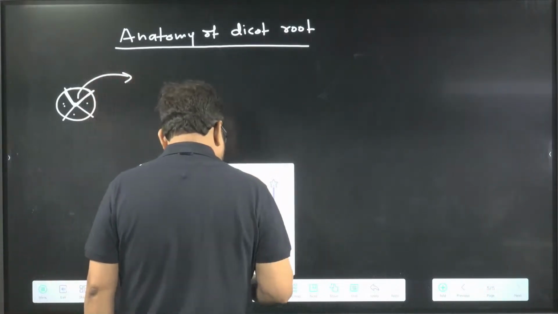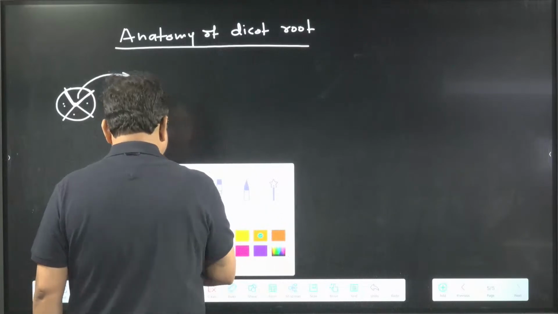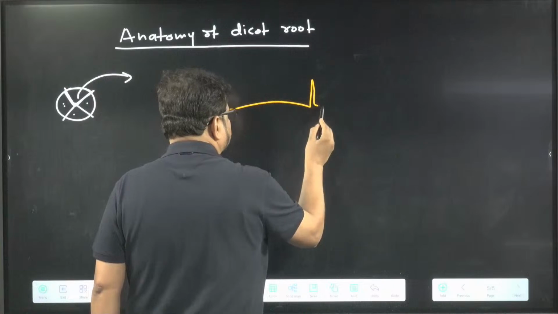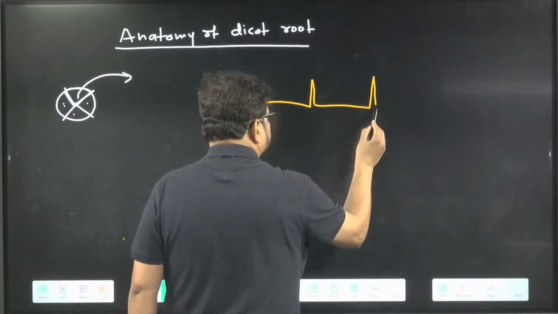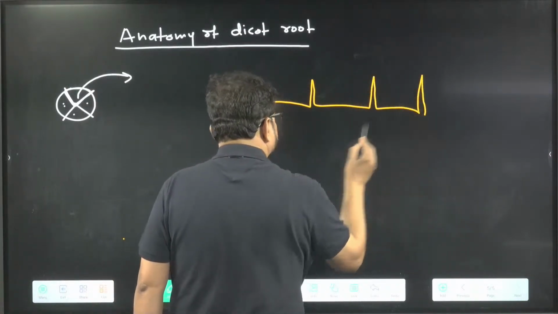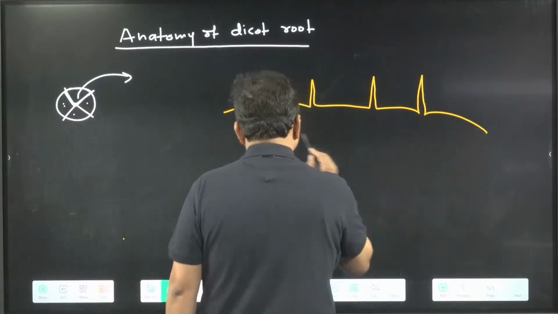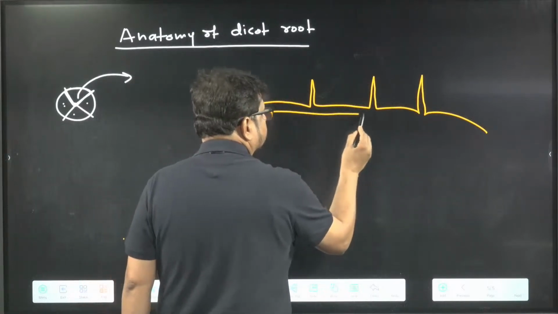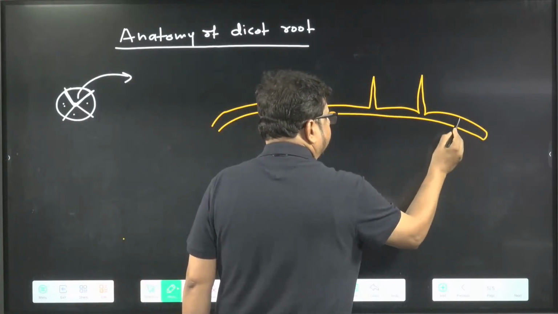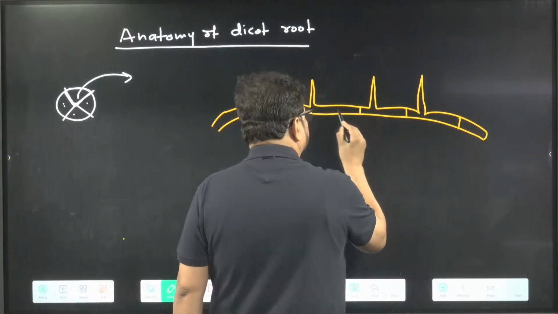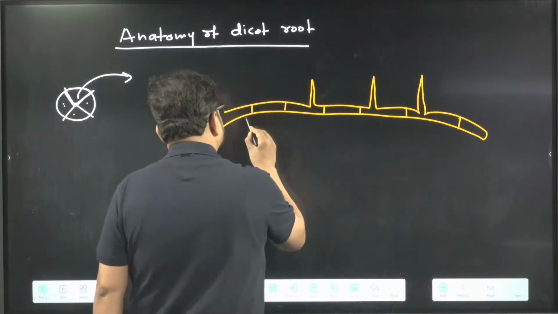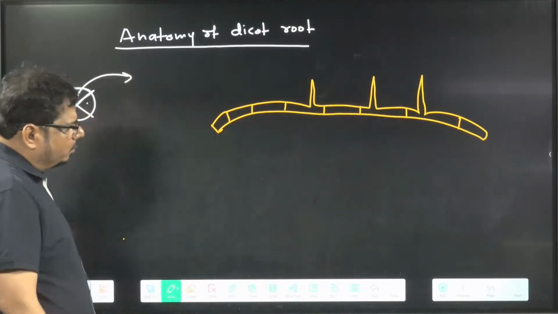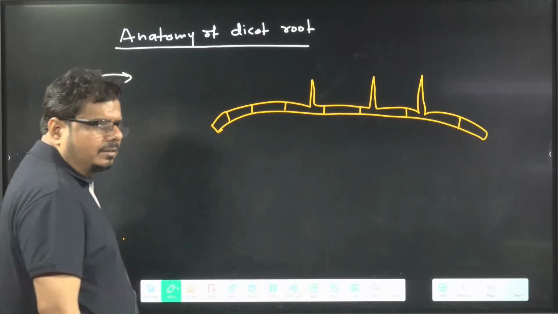So the very first layer, the outermost layer, is basically the epiblema. It is the epidermis. It is the epidermal layer, the outermost layer. Understanding the idea or not?